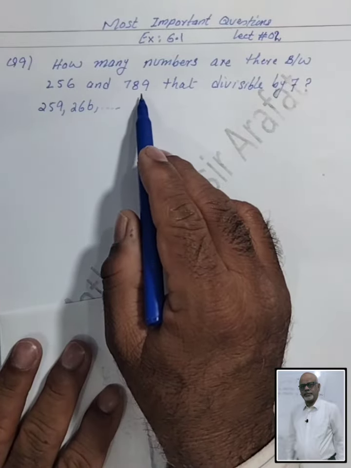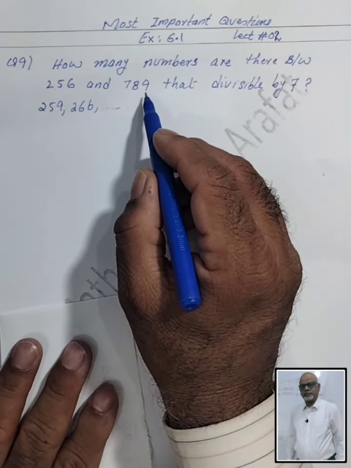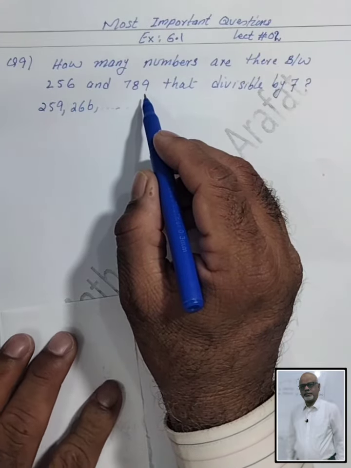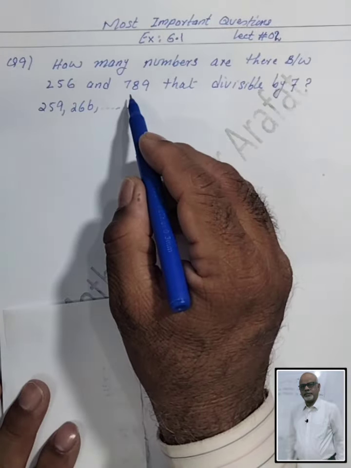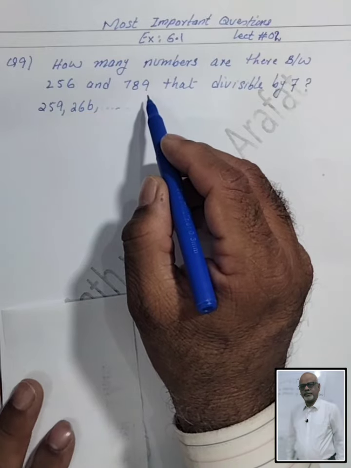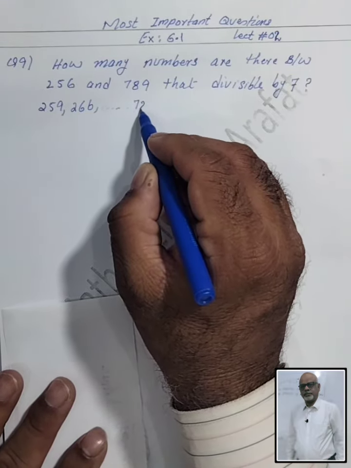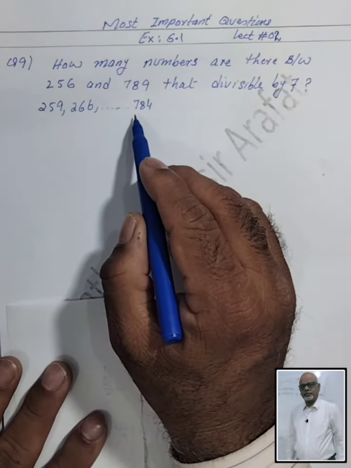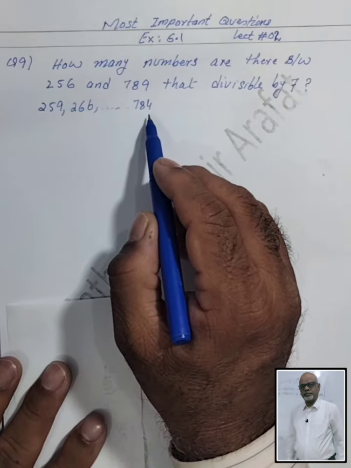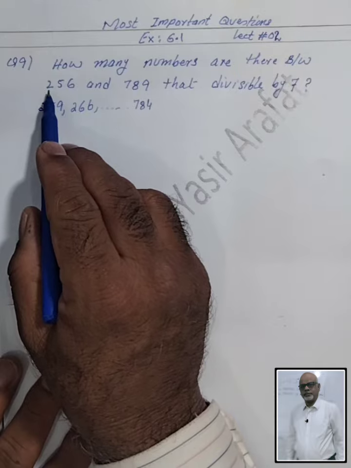So we have to find the first two numbers and the last number from this interval, 256 to 789. Now 789 is not perfectly divisible by 7. 788, no. 784, yes. 784 is the last number which is exactly divisible by 7 in this interval.